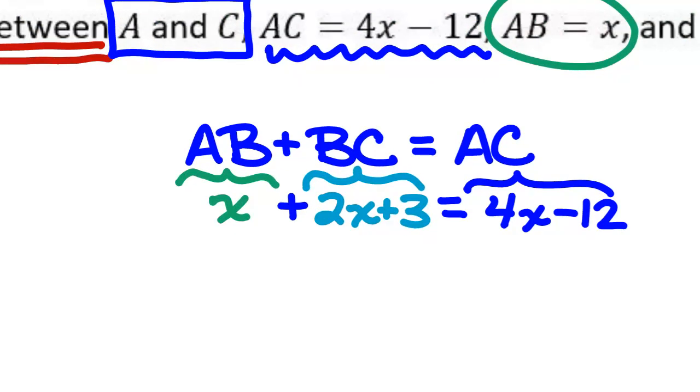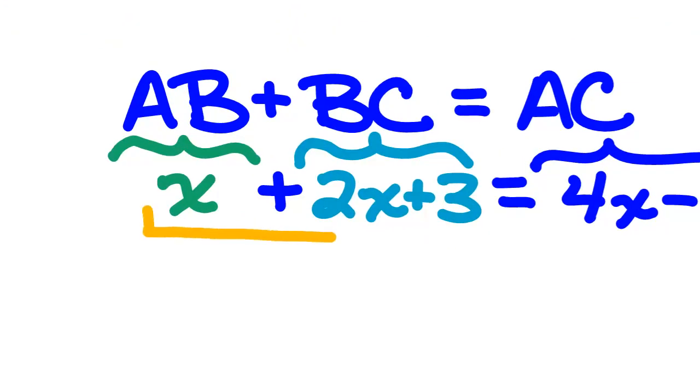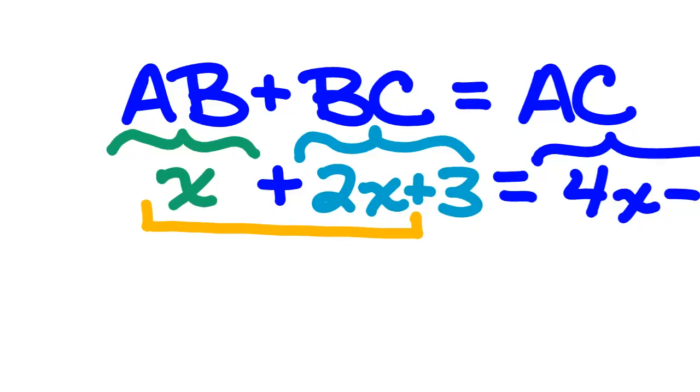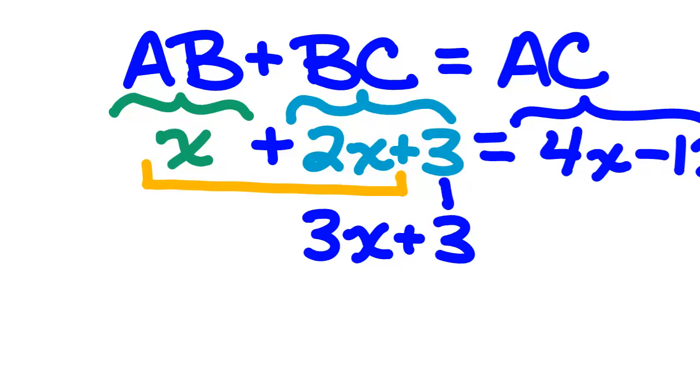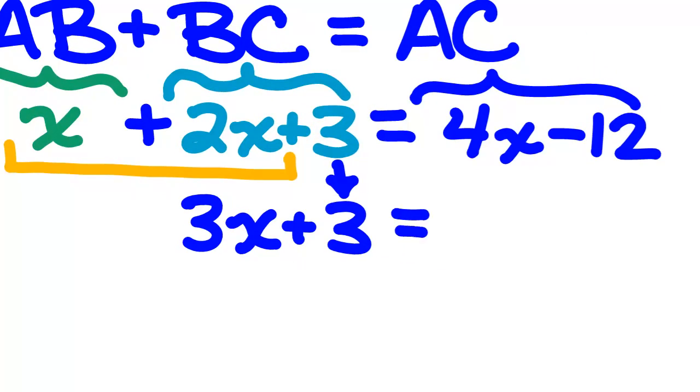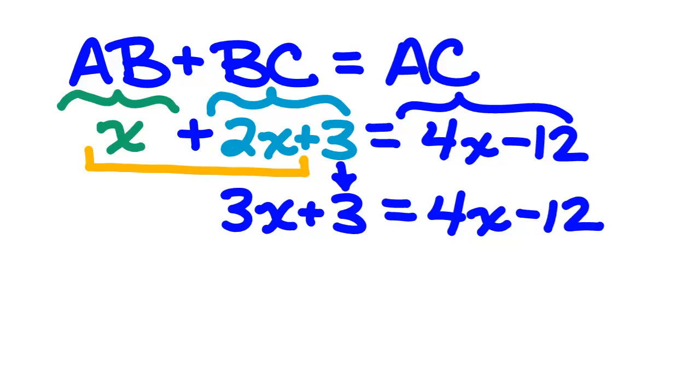All right, let's solve this Algebra 1 style. On the left-hand side, I've got some like terms that I need to combine before I can do anything else. I'm going to combine the x and the 2x together to get what? 3x. So I have 3x plus 3, I bring that 3 down, equals 4x minus 12.